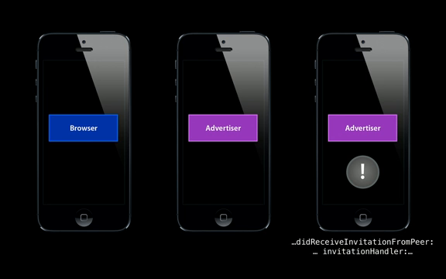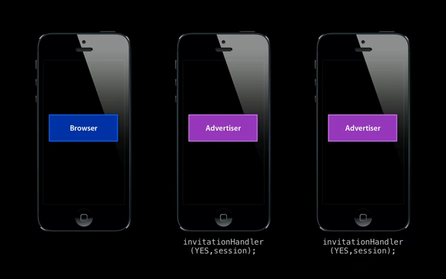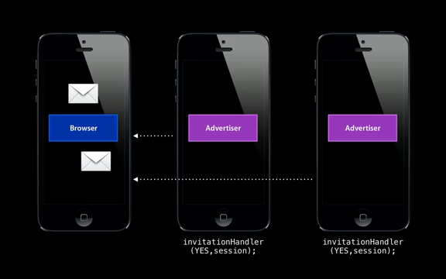At this point, the advertiser will probably want to consult the user whether the user wants to accept or decline the invitation. And once we know whether the invitation is to be accepted or declined, the advertisers have to call the invitation handler that was just passed to them.